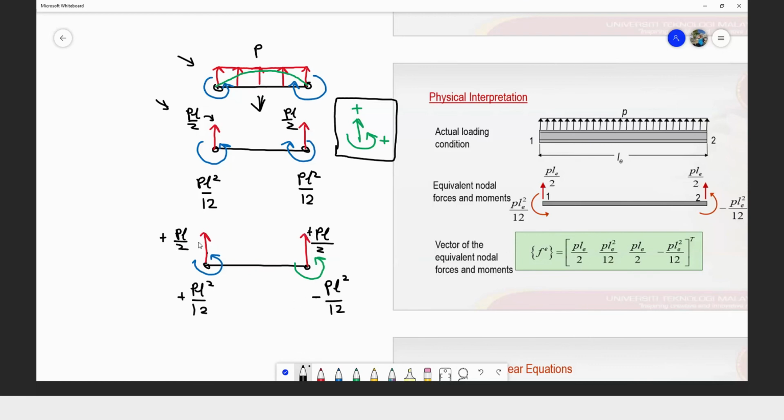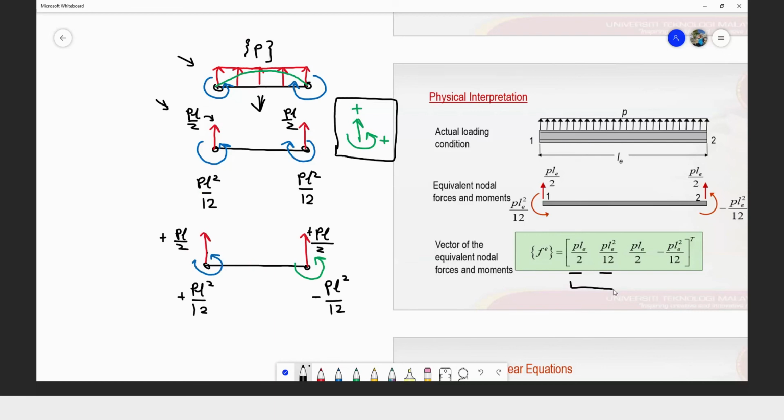So in the arrangement of our equivalent force and moment for this distributed load, we will have, as mentioned in the slide, PL over 2 and PL square over 12.